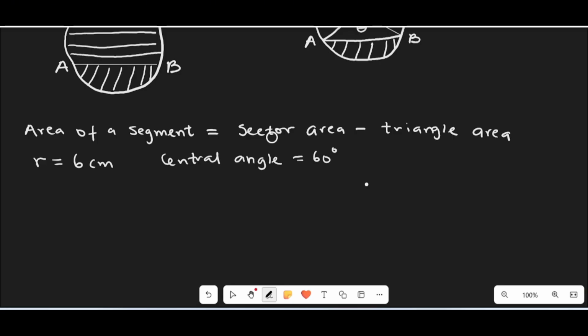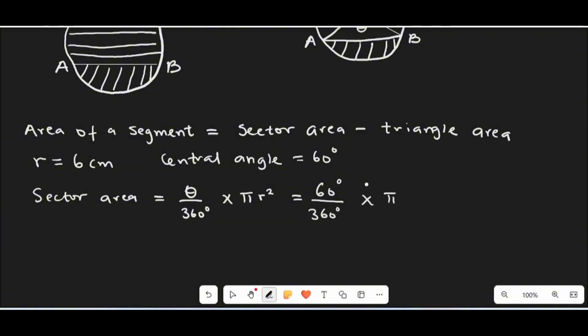First, let us find the sector area, and sector area equals theta over 360 degrees multiplied by pi r squared, which is equal to, our theta here is 60 degrees, so 60 degrees over 360 degrees multiplied by pi multiplied by our radius, 6 centimeters, 6 squared.